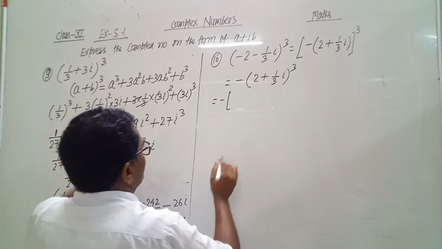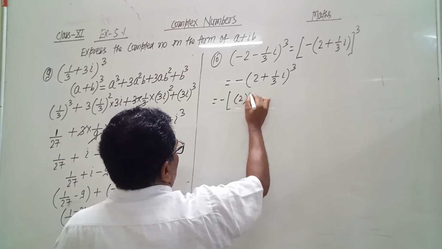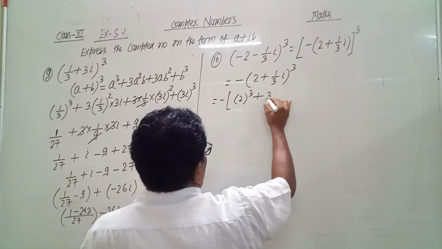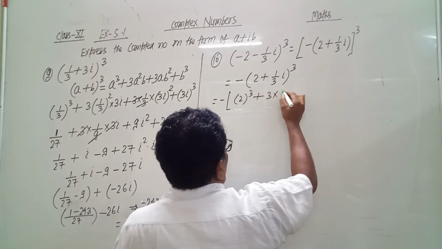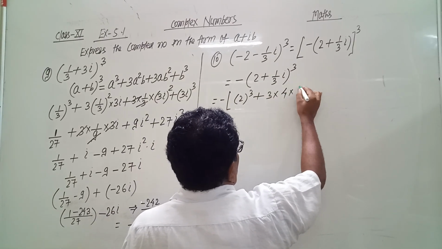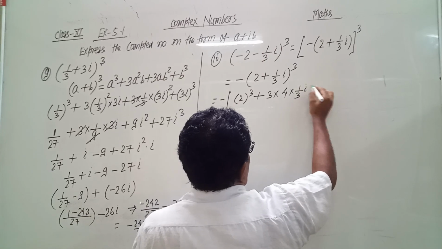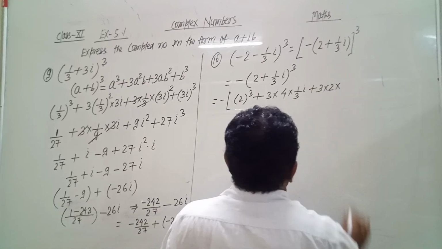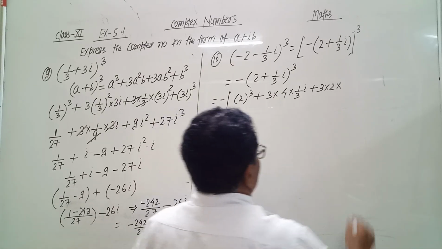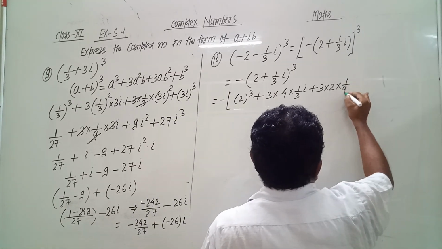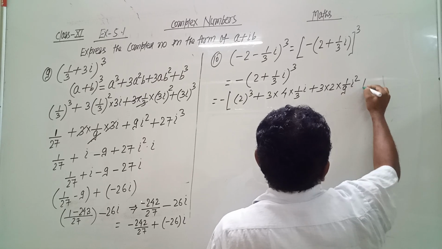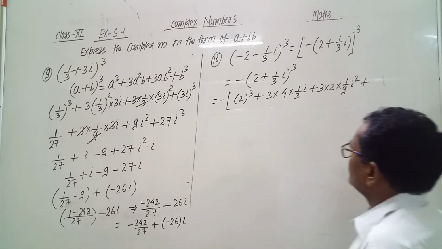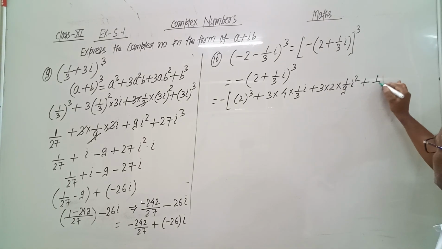The formula: a³ means 2³, plus 3 into a² which is 2² that is 4, into b which is (1/3)i, plus 3 into a into b², (1/3)² is 1/9 i², and plus b³ means ((1/3)i) whole cube.